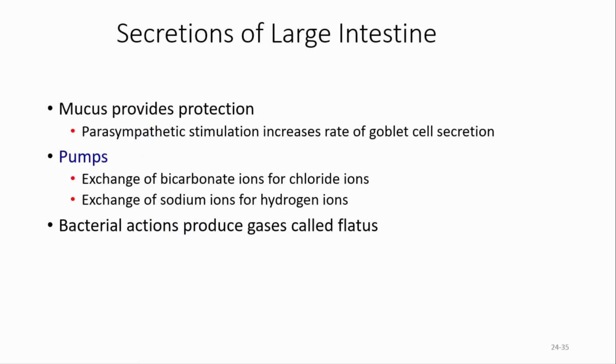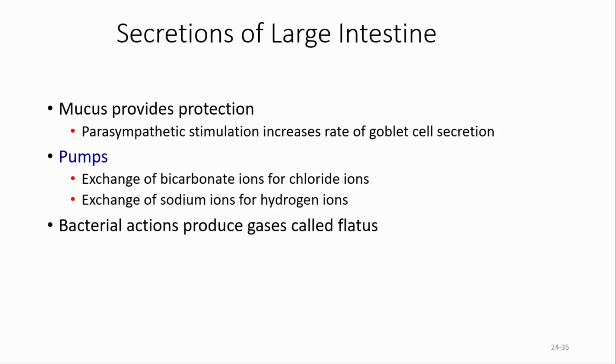Secretion of the large intestine. Mucus provides protection. We have parasympathetic stimulation, which increases the rate of goblet cell secretion. So we have a lot of these goblet cells found within the colon, and it does make quite a bit of mucus.